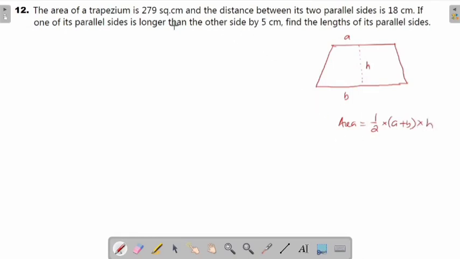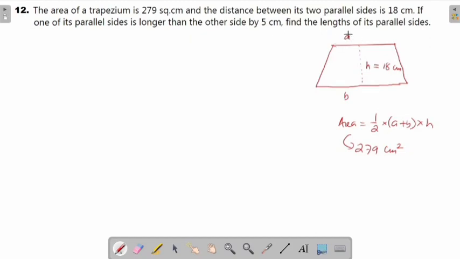So here it is given that this area is equal to 279 centimeters square, and the distance between the parallel sides, that is the height H, is given to be 18 centimeter. Now, one of the parallel sides is longer than the other by 5 centimeter.